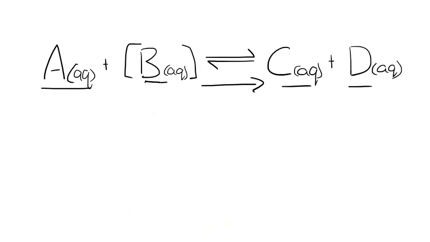But I'll just talk about if these were in fact not aqueous, they could be gas as well. We can still change the concentration of a gas because we can have a certain number of these particles in a volume of space. So it'll be gas, gas, gas, and then gas.